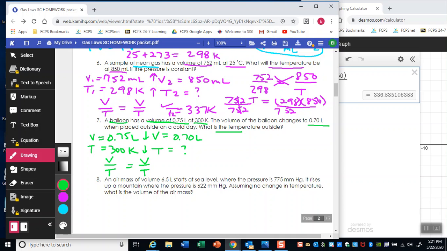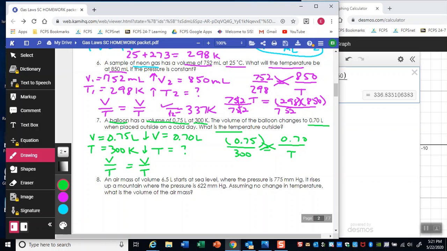All right, so let's substitute in here. So for the volume, I've got 0.75 divided by 300 equals 0.70 divided by our new temperature.